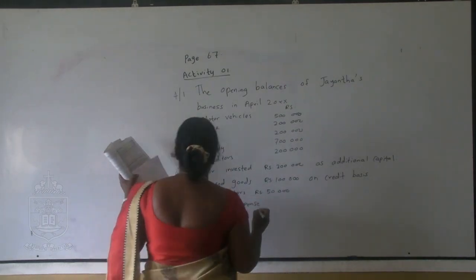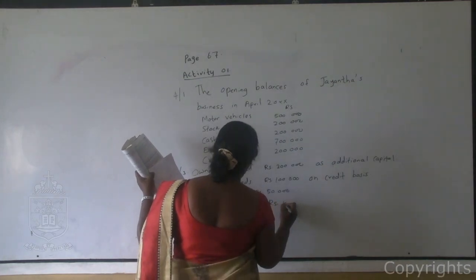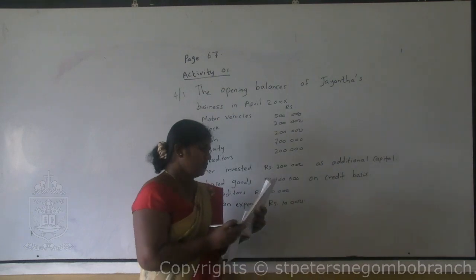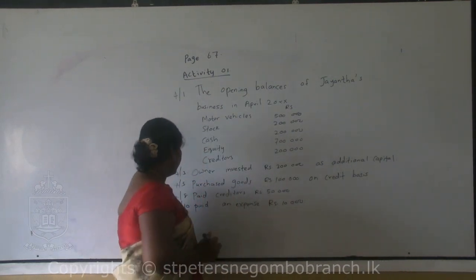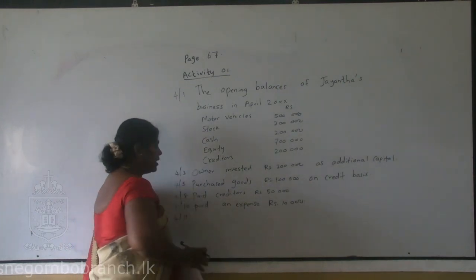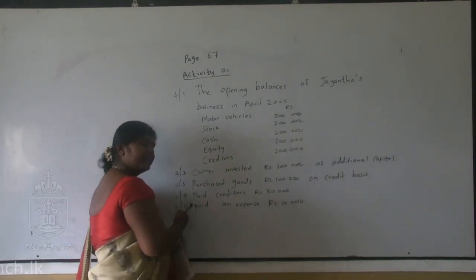Paid an expense 10,000 rupees. Next one, 11th of April. So if you have given the number of transaction, you should write here the number.